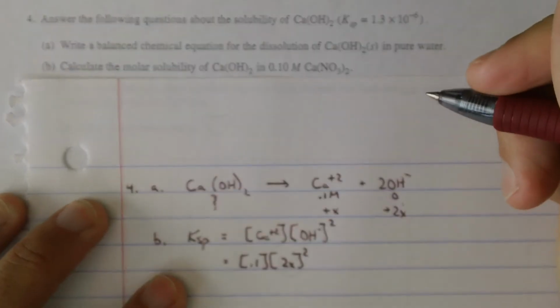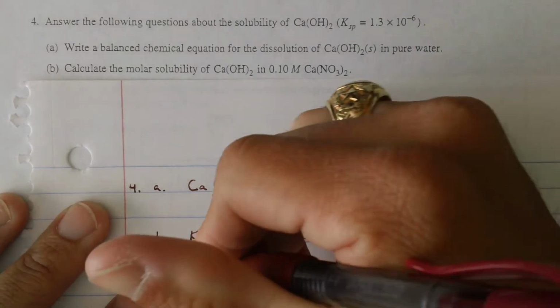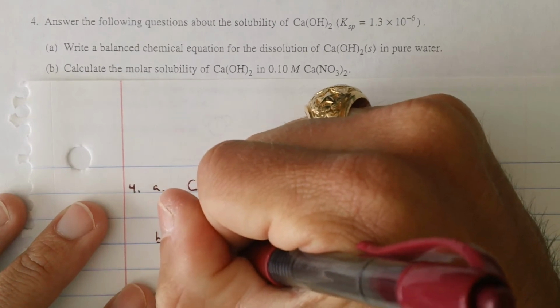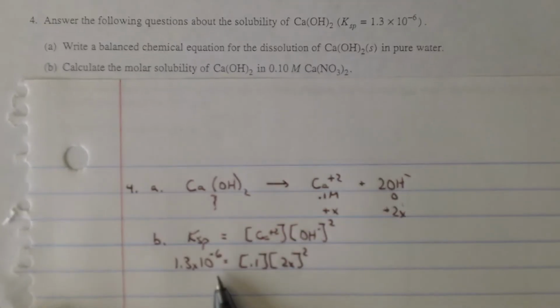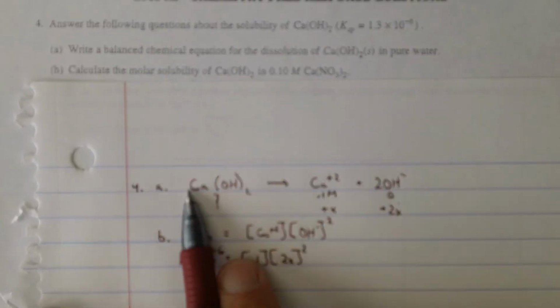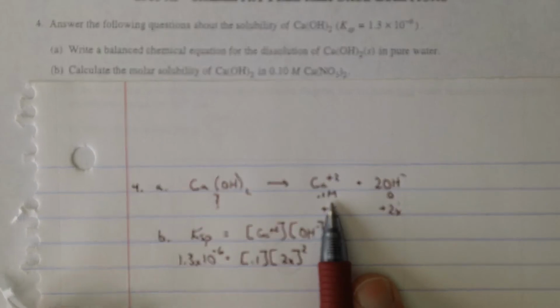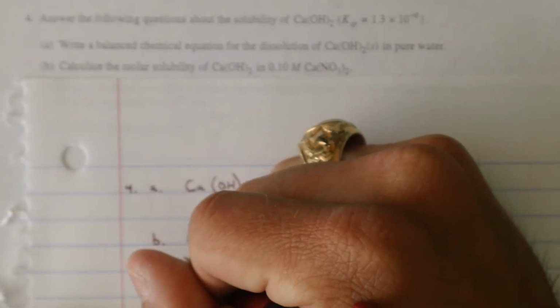That's all going to be equal to the Ksp value that they gave us, the 1.3 times 10 to the negative 6th. And we're solving for x here. When we solve for x, that's going to be how much of this dissolves when we're sitting in a 0.1 molar concentration of calcium.